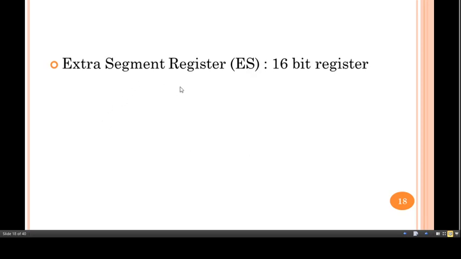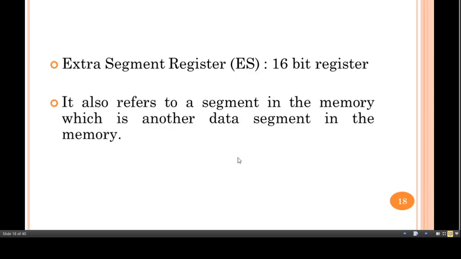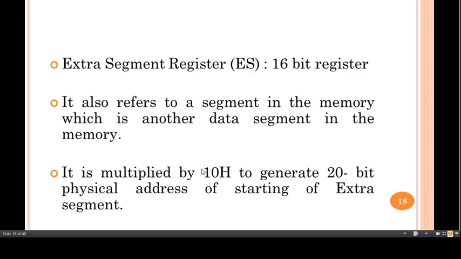Next is the extra segment register. It is a 16-bit register. It also refers to a segment in the memory which is another data segment. Similarly, we can find the starting physical address of the extra segment by multiplying the ES register by 10H.